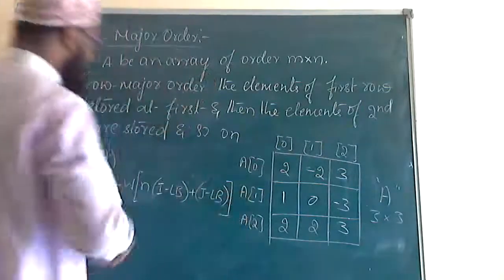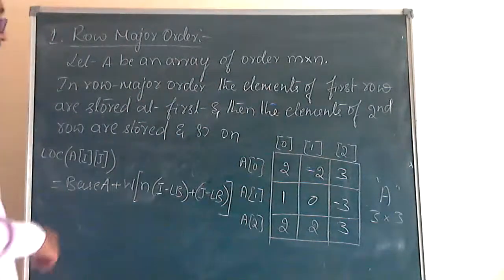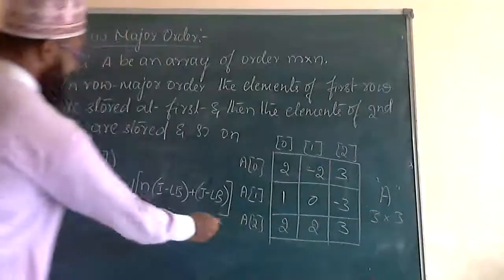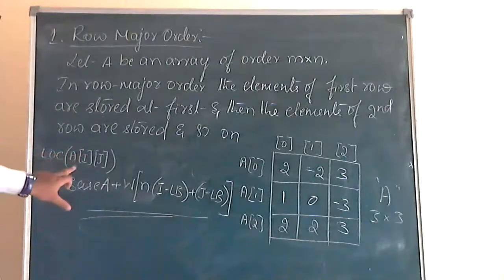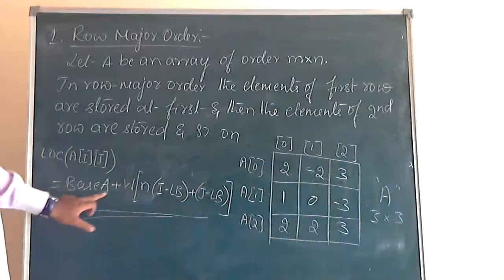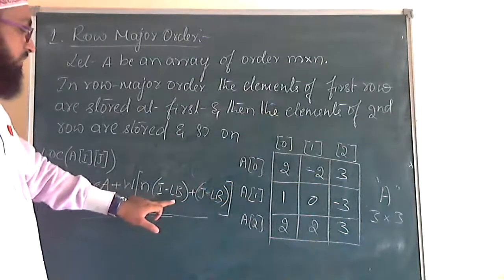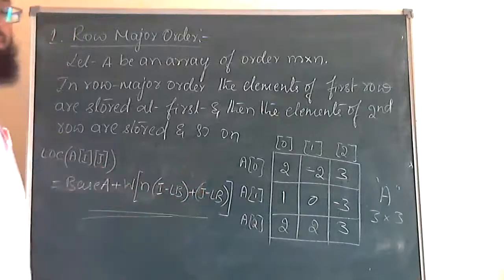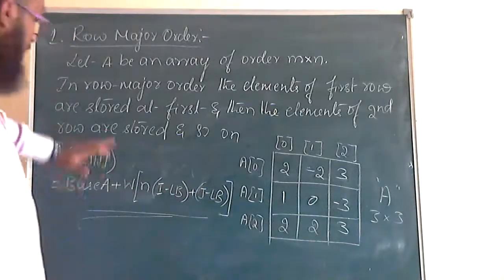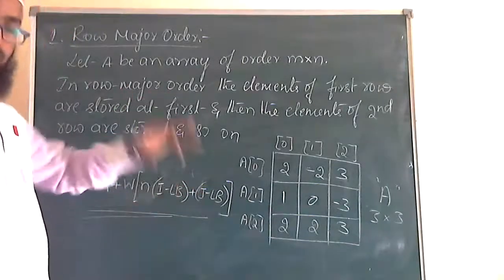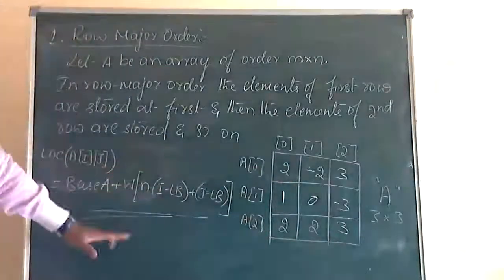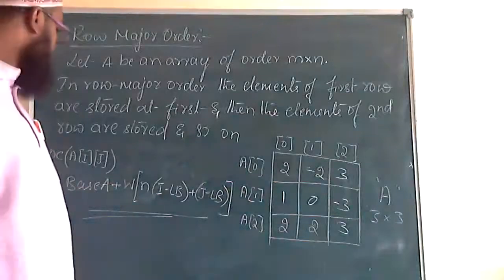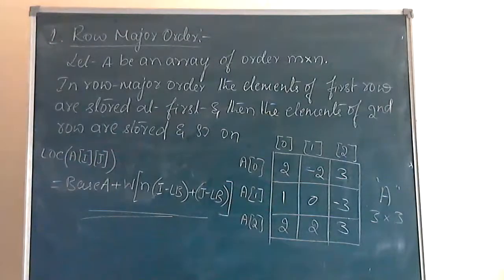This is the formula to find the location of an element according to row major order. Remember this: location of A of i, j is equal to base A plus W into n of (i minus LB) plus (j minus LB). Hope you are aware of all these things. If not, I will explain later while solving problems based on these formulas. Okay, this is for row major order.